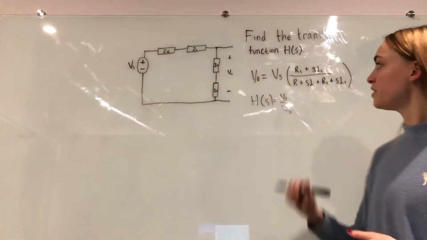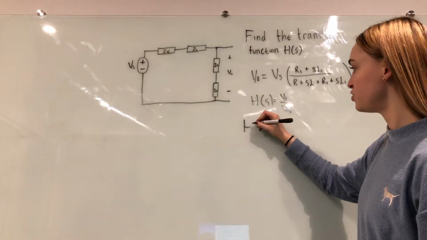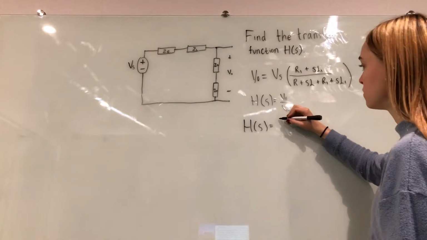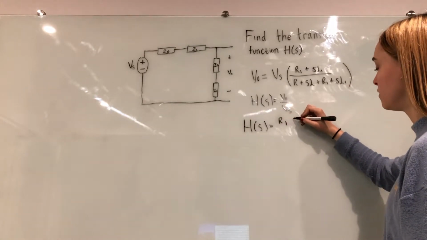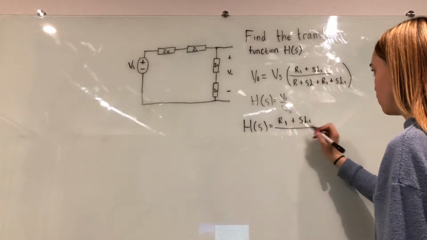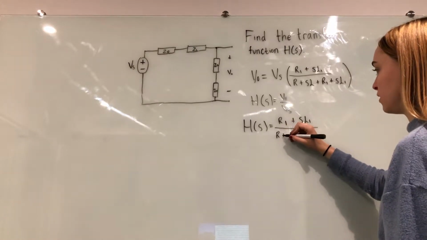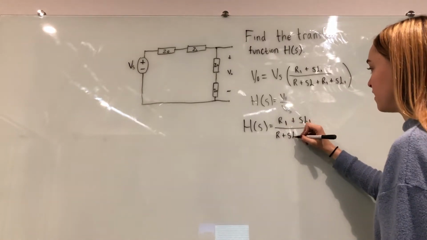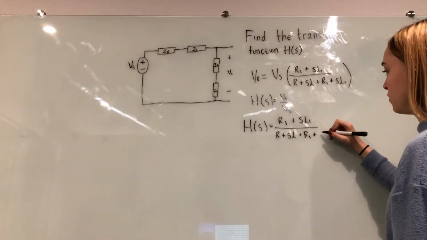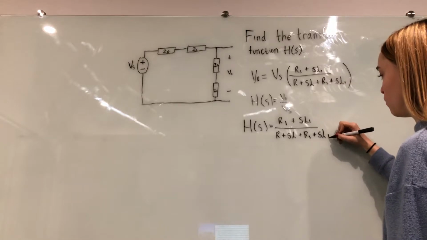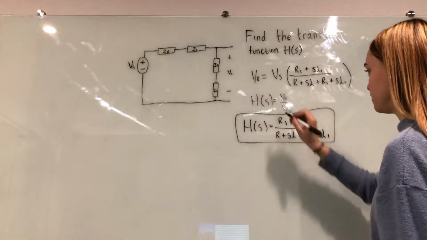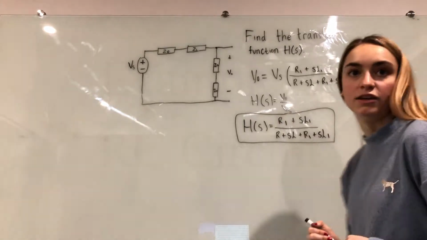So finally, we can write H of s is equal to R1 plus SL1 over R plus SL plus R1 plus SL1. And this transfer function has several useful applications.